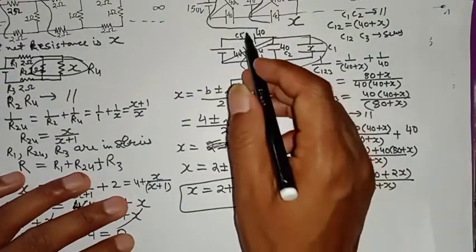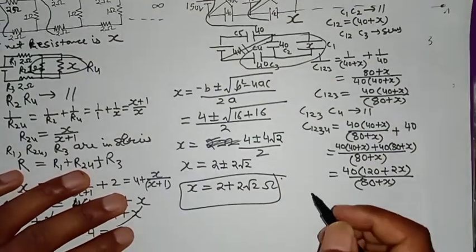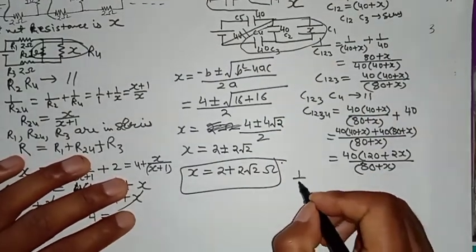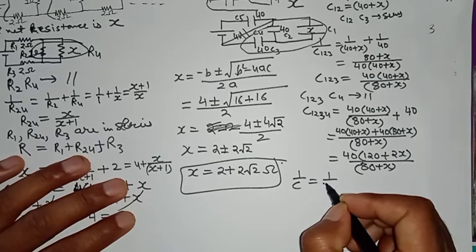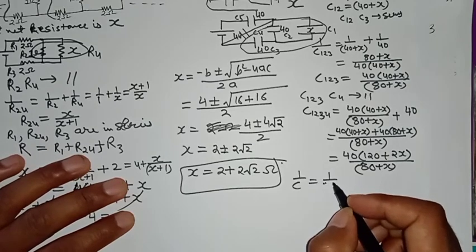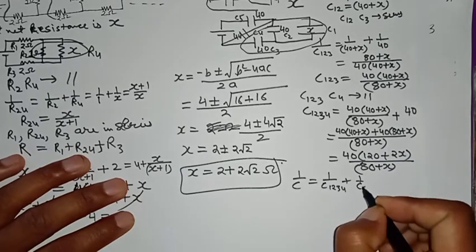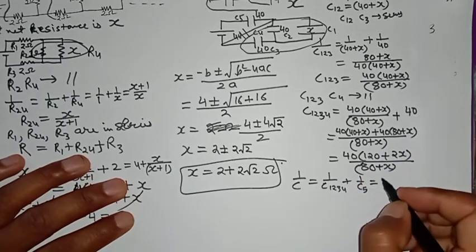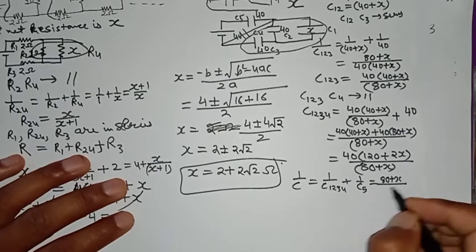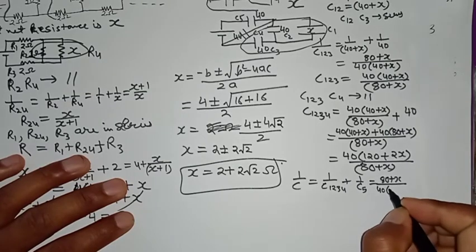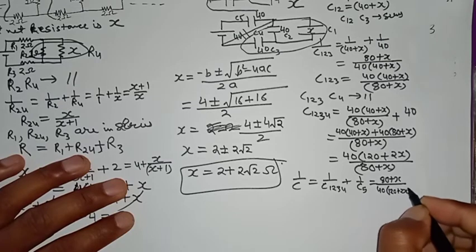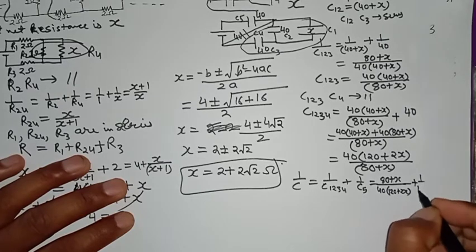And now it is in series combination with this C5. 1 upon C1234. Difficult. So this will be 80 plus X upon 40, 120 plus 2X, and plus 1 upon 40.